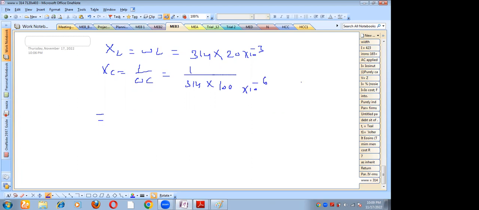So here we can calculate that. XC is 31.84, and how much is XL? 6.28.